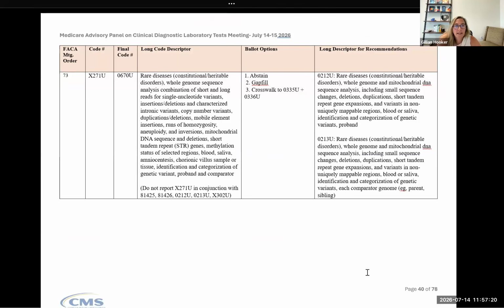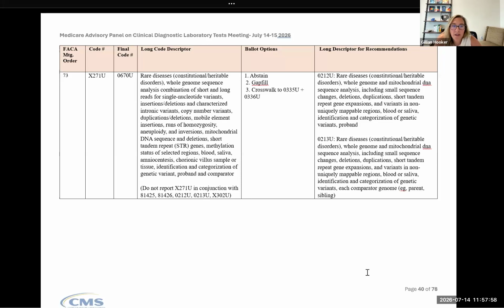Yes, in this case, it is a whole genome sequence analysis with a combination of short and long read sequence for single nucleotide variants, insertions, deletions, intronic variants, copy number variants, larger deletions, duplications, mobile element insertions, homozygosity, aneuploidy inversions, inclusive of mitochondrial DNA, sequence and deletions, STR repeats, methylation analysis, done on blood, saliva, amniocentesis, CVS samples, tissue, and inclusive of interpretation of the sequence.